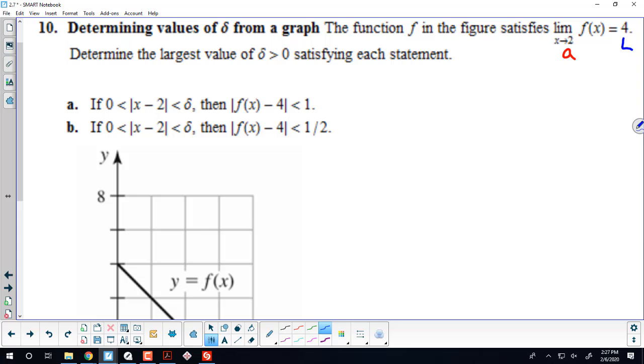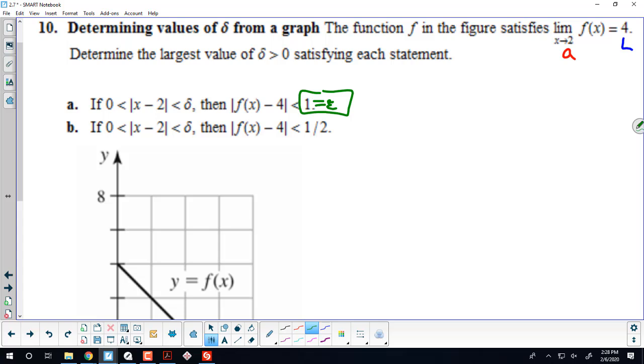So in part A, for both of them, it says determine the largest value of delta satisfying the given statement, and the statement in A says that our epsilon is equal to what? 1. Y'all agree? Isn't that our epsilon? Epsilon's associated with the distance on the y-axis. It's just worded slightly differently.